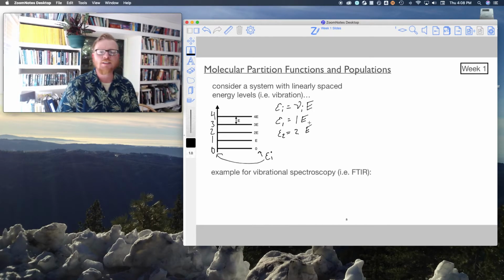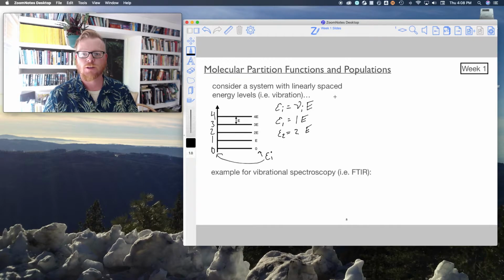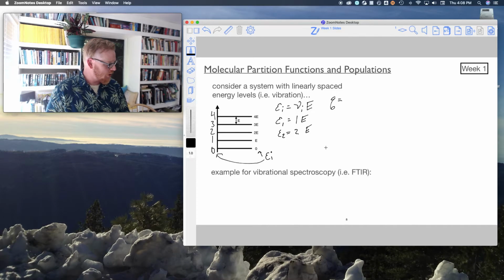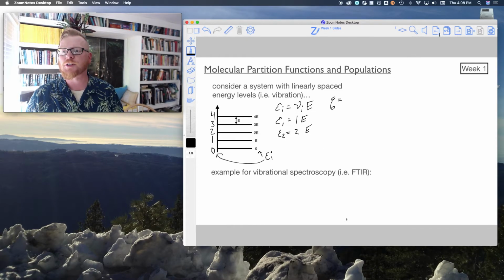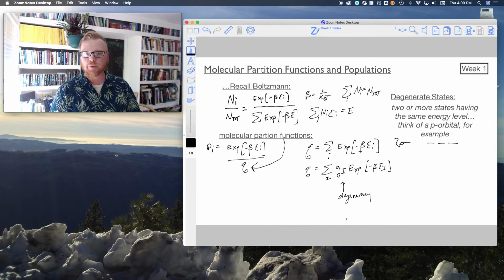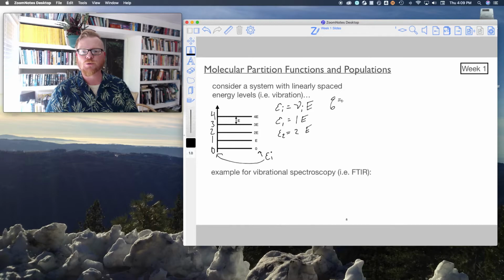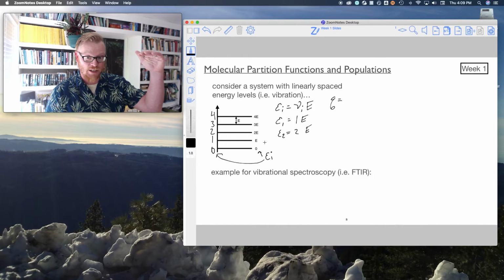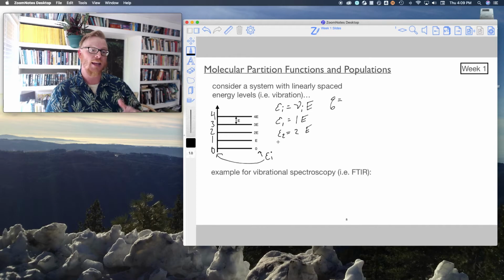So now let's build up the partition function for this system. I'll start by writing Q equals. And we know our partition functions have this form, an exponential of negative beta times this value of E. So the first one that I want to sum up is level 0, which is going to be e raised to the 0 times E, and anything raised to the 0 power is 1.